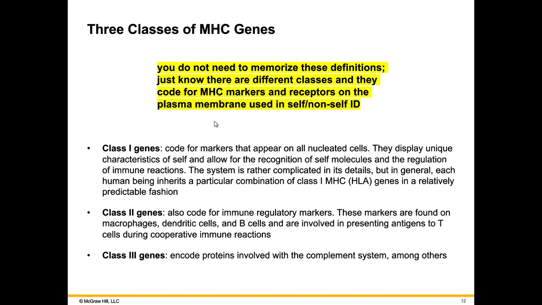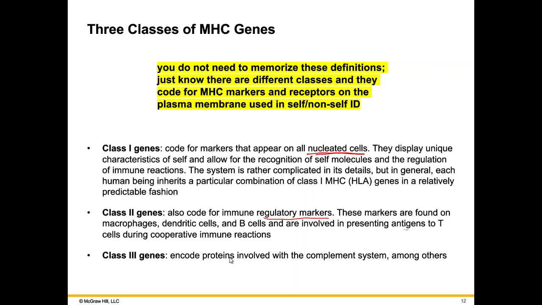Our class 1 genes, they code for any of the markers that are going to appear on nucleated cells in regards to our HLA system. And our class 2, they're going to be important regulatory markers. They're found on various cell types that are involved in presenting antigens to T cells during immune responses. And class 3 genes, they encode proteins in the complement system, among others.